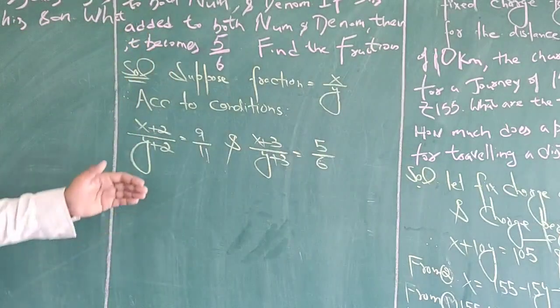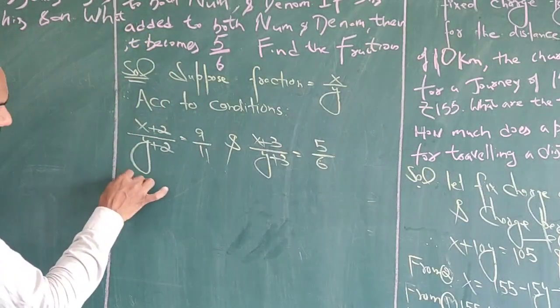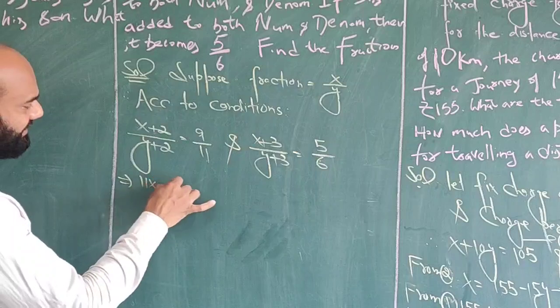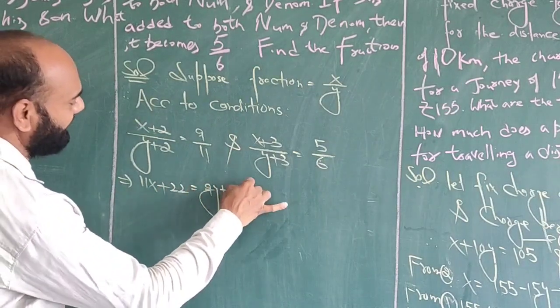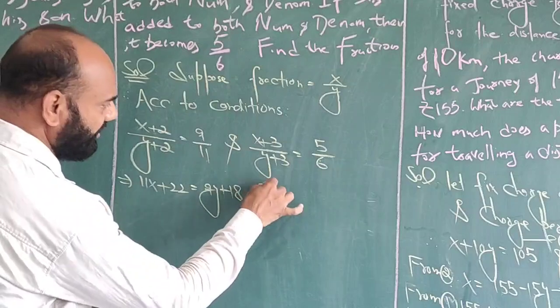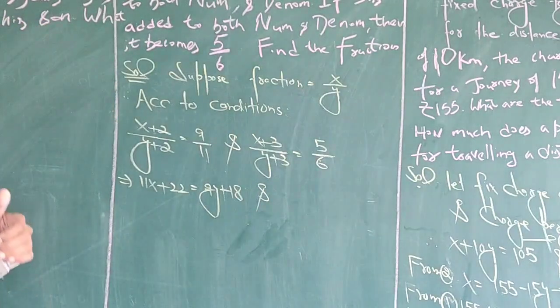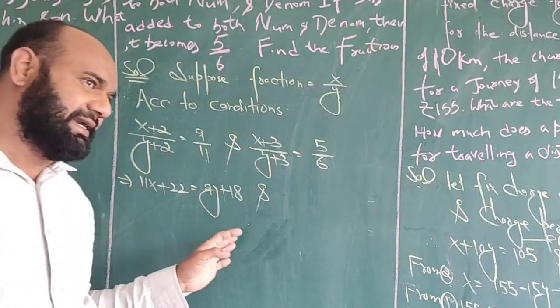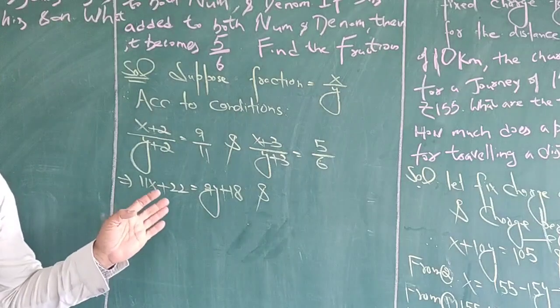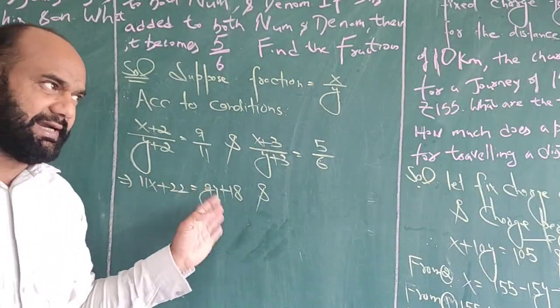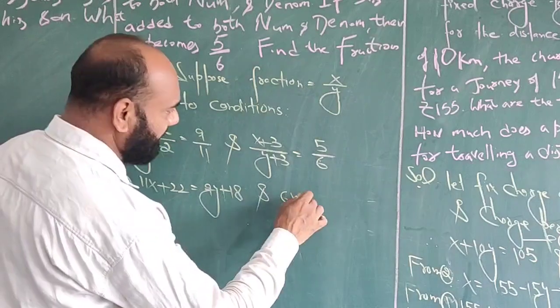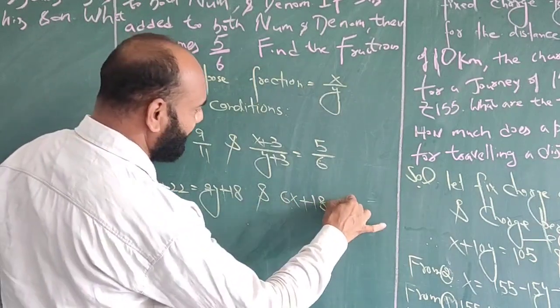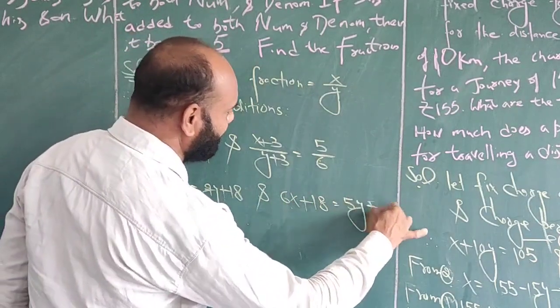These are the two equations. Now we cross multiply, and we get 11x plus 22 is equal to 9y plus 18. Because we want to convert these two equations into standard form, and the standard form is a1x plus b1y is equal to c1 and a2x plus b2y equal to c2. So cross multiplying, 6x plus 18 is equal to 5y plus 15.